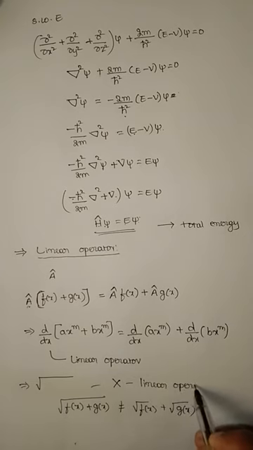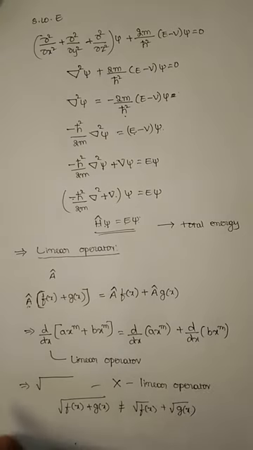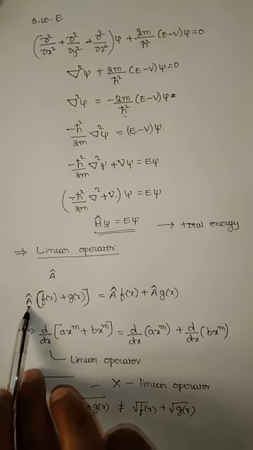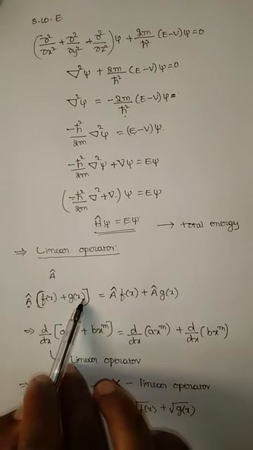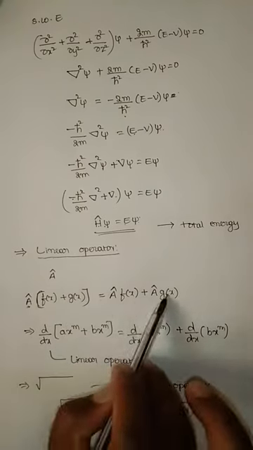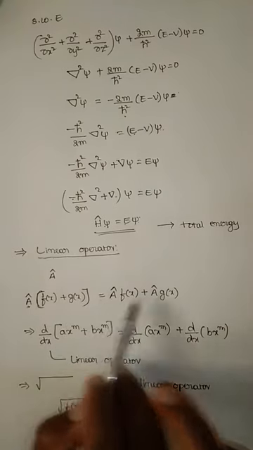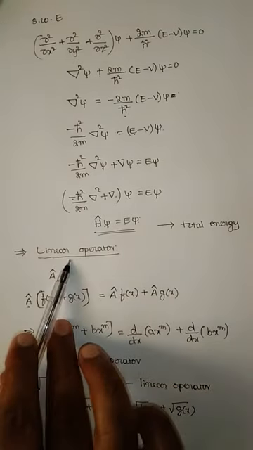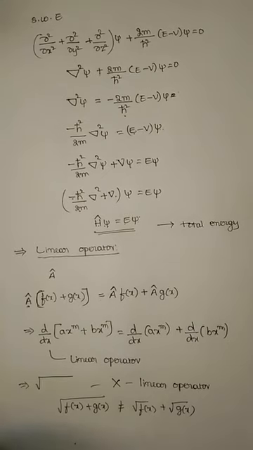That is the condition for a linear operator: the result of the operator on a sum of functions should equal the results of the operator on the functions separately. That is about the linear operator, and that's about the operators in quantum mechanics.